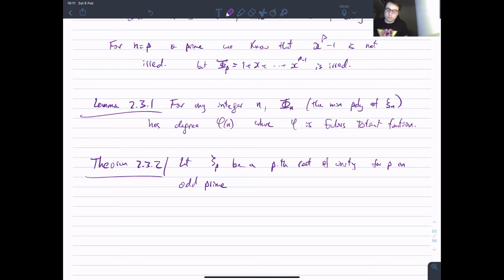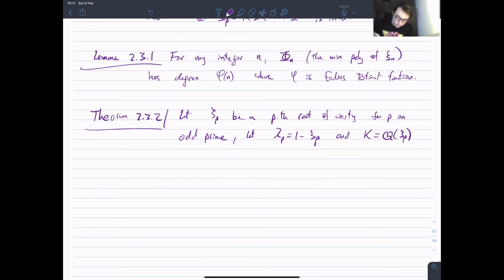So not 2, just because p equals 2 is somewhat trivial. And I'm going to let lambda_p be 1 minus zeta_p, and I'm going to let K be the resulting number field. So let me tell you something about this field. Then what can we figure out? Well, the ring of integers of this is nothing but Z adjoin zeta_p. This is actually the same thing as Z adjoin lambda_p.